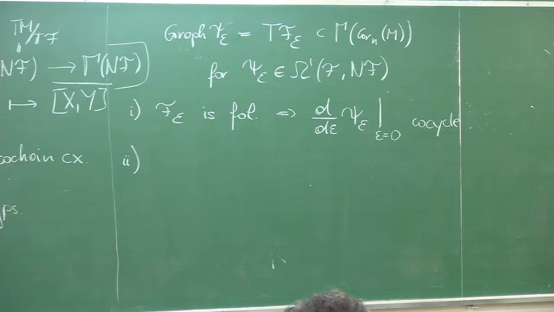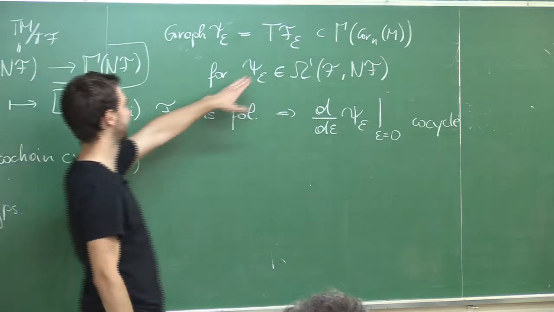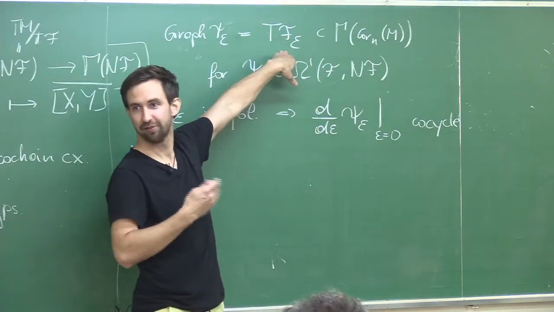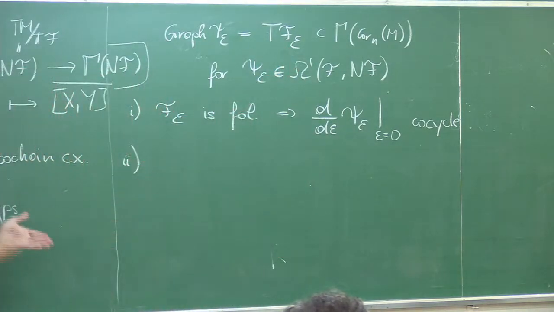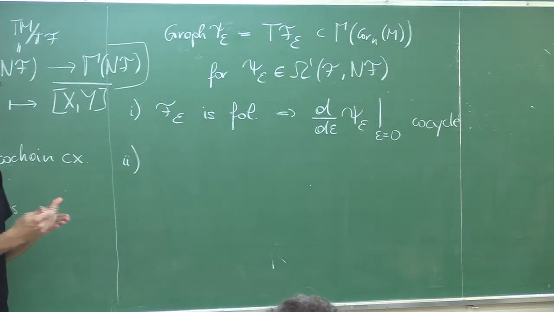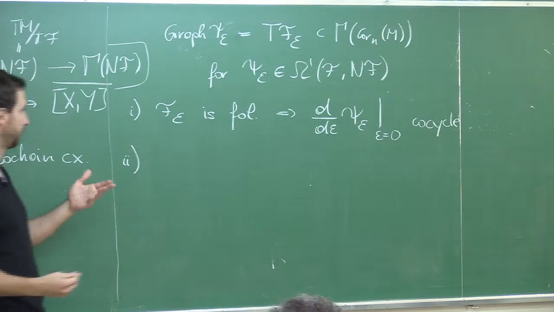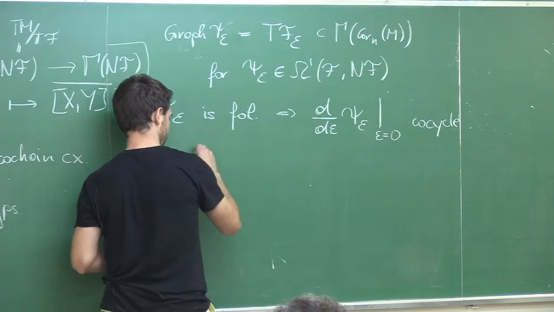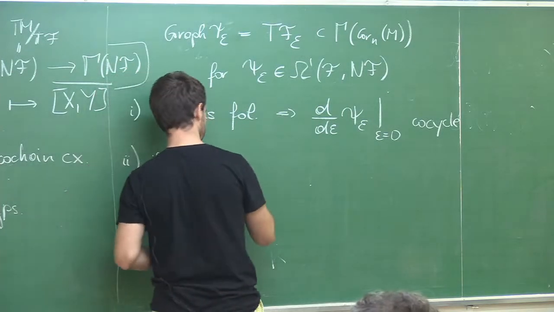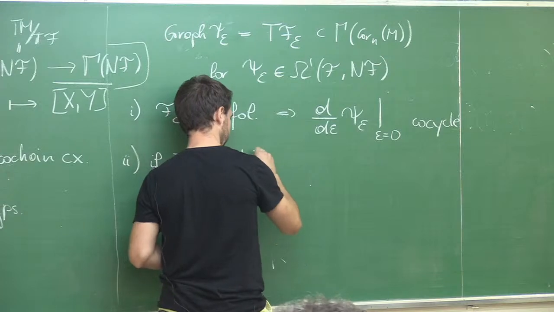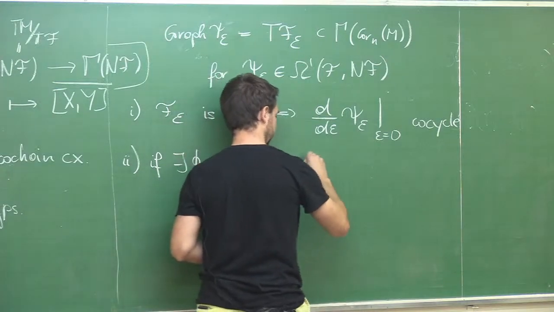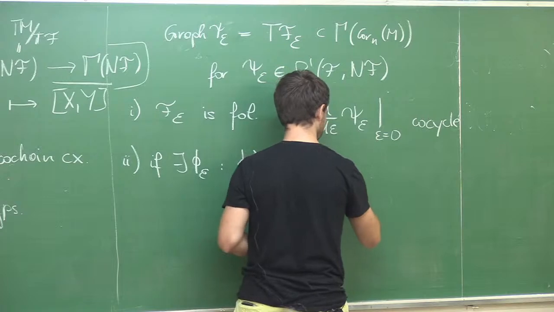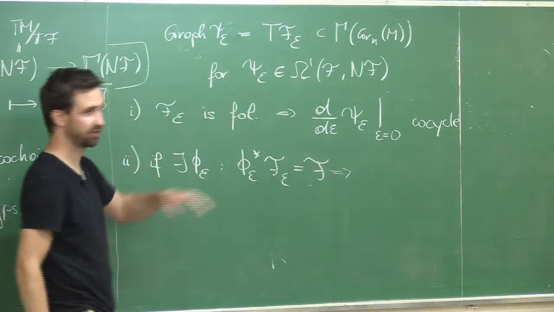And the second condition: we always start at our fixed foliation F at 0. If we have an isotopy for all the epsilons, a family such that psi epsilon pulled back F epsilon is F, that implies that this corresponding cocycle is actually a coboundary.